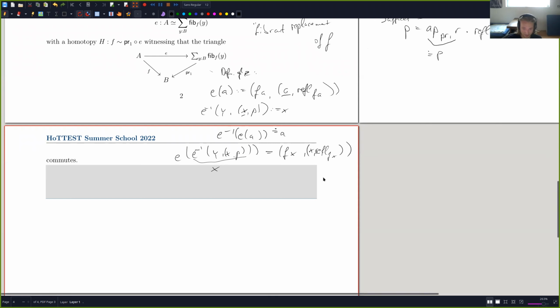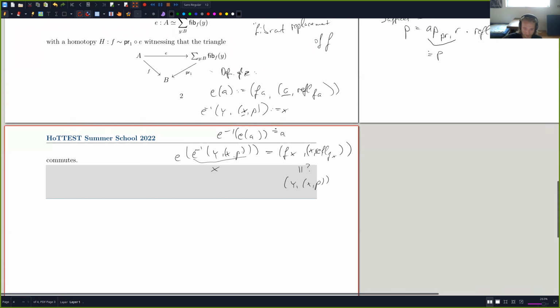We want to prove now that this is equal to the input we gave the composition, so we want to show that this is equal to (y, x, p).